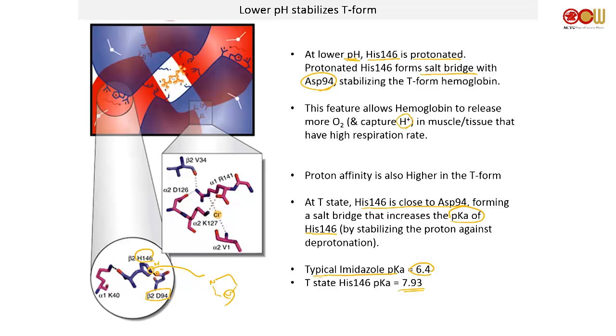And 7.9 is closer to the physiological pH, or the physiological condition. In addition, here we say your cell is producing protons, right? And then you have two choices. One is 6.4, one is 7.9. Which one is more likely to capture the proton? You can have an increase in pKa, essentially.